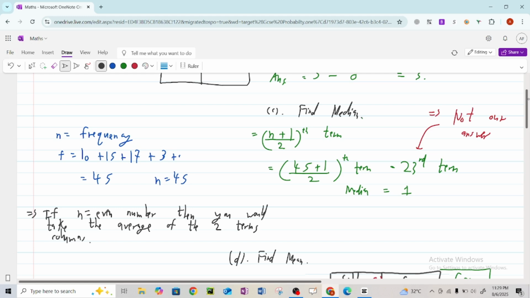What does that mean? For example, let's say if I had 46 in this example. This is just an example on the side. Let me make a second column so we don't get confused with this.